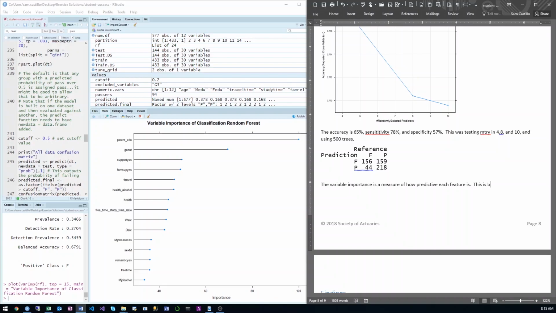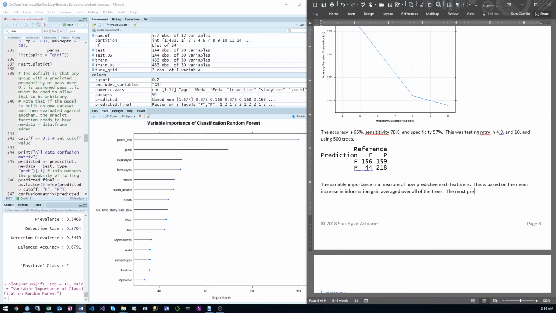The variable importance is a measure of how predictive each feature is. This is based on the mean increase in accuracy, and I believe it's accuracy. I know that there are two different ways: there's information gain and there's the Gini index. I think it's information gain averaged over all of the trees.